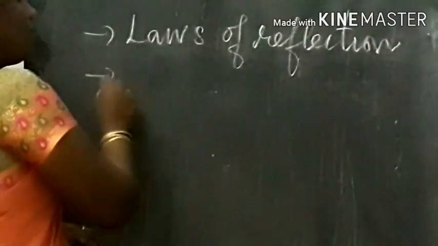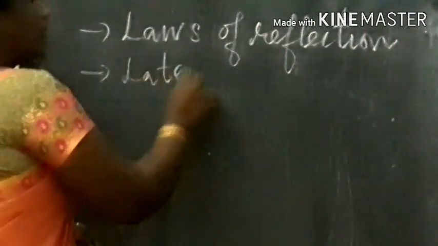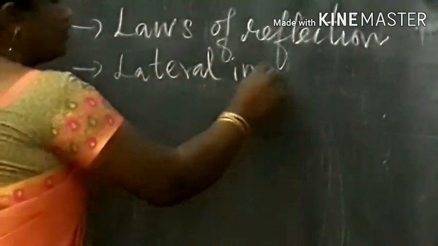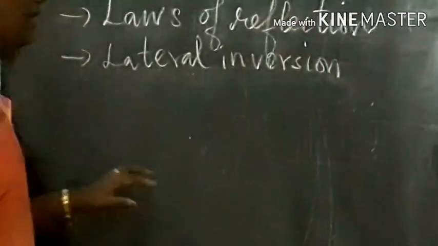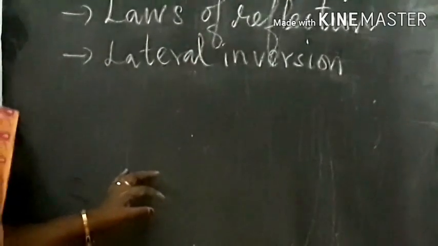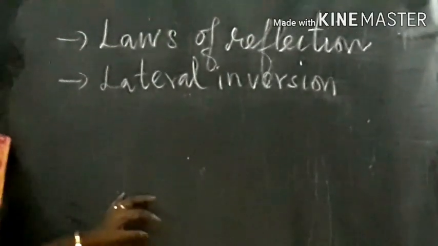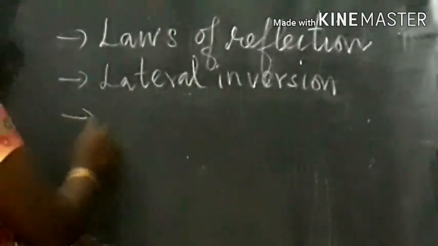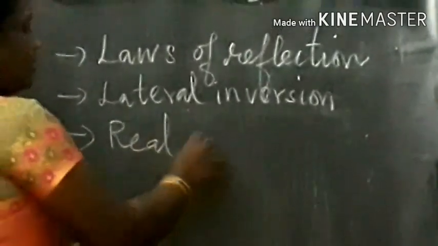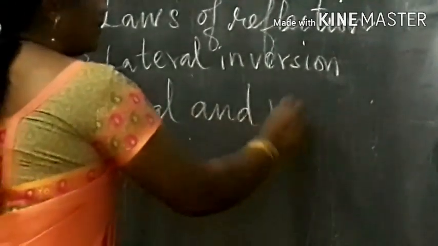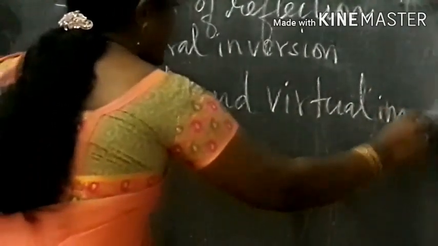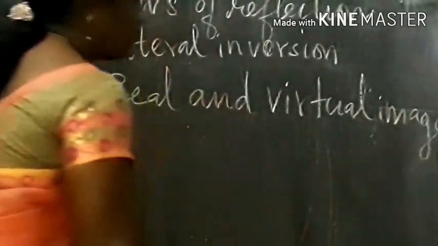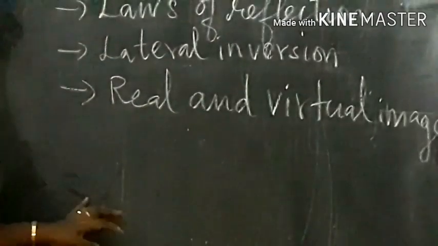And then we have learnt about lateral inversion. So what is lateral inversion? It is the apparent inversion of left and right, especially in a plane mirror. Next, we have learnt about real and virtual images. A real image can be caught on a screen and a virtual image cannot be caught on a screen.